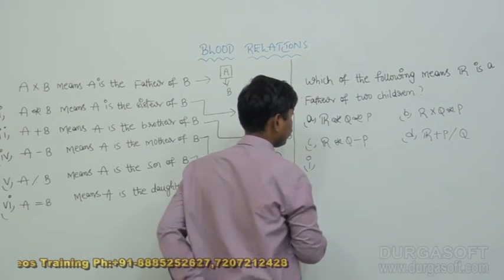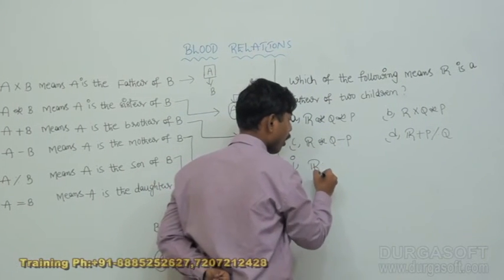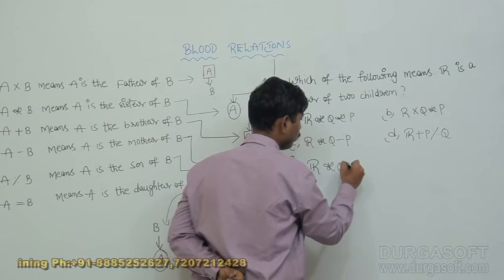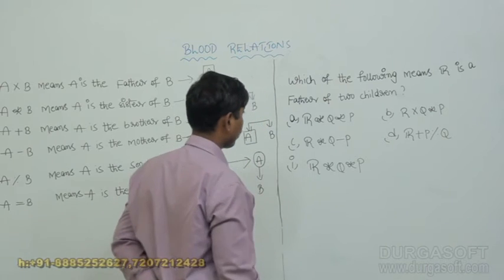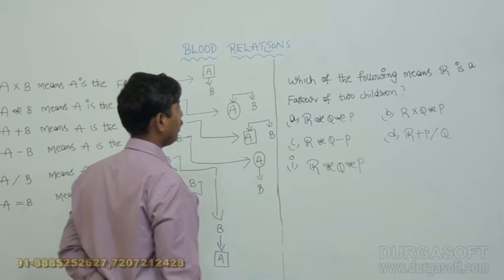Let us put attention on the first option, R star Q star P. Alright. R star Q star P, let us check here.